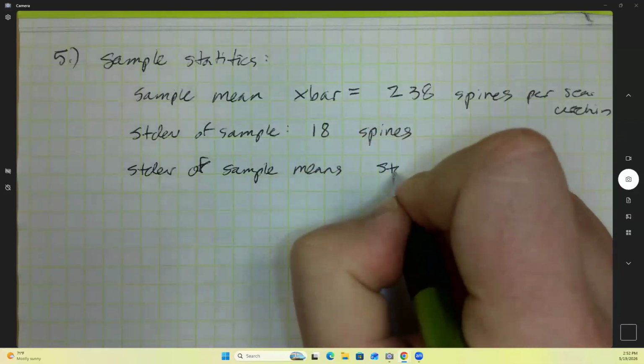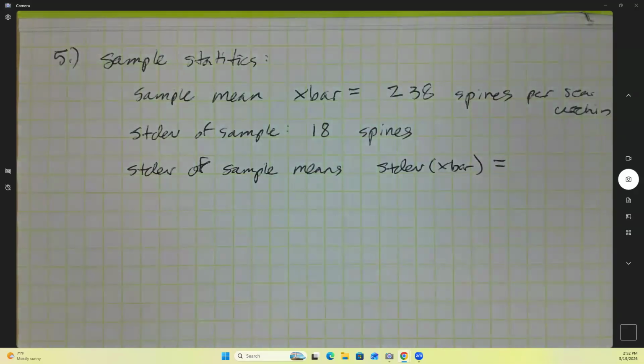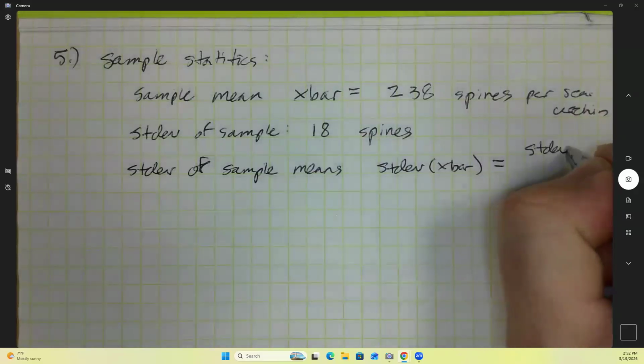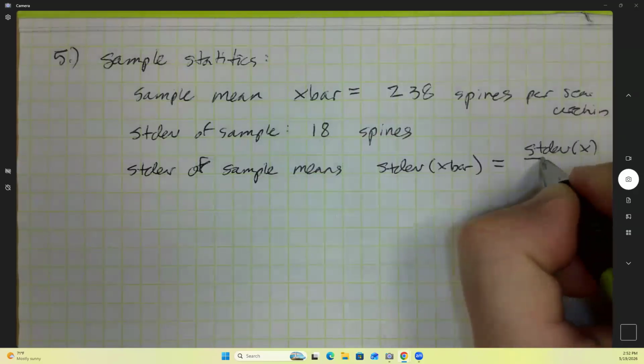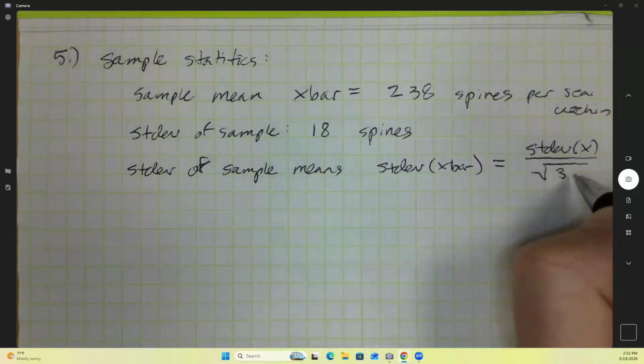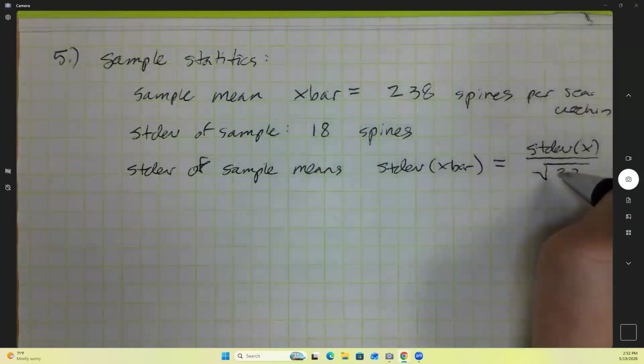Right, the STDev of X bar. What's the formula for calculating that? Right, it's the standard deviation of your sample divided by the square root of your sample size, which I should have written n, but I wrote 32.